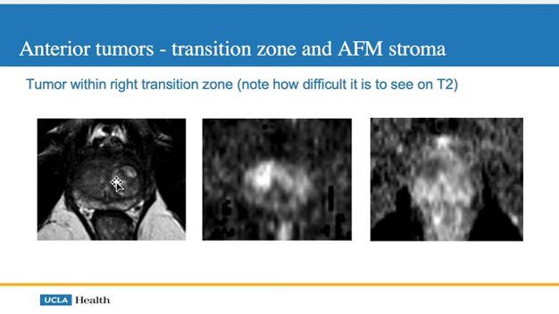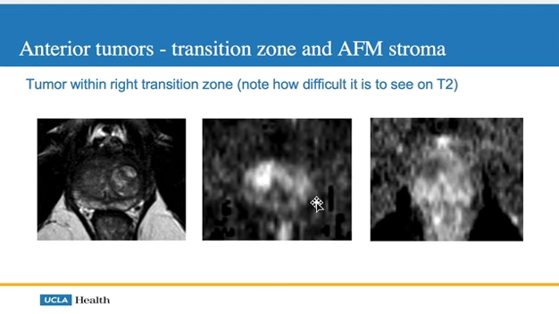Here's our transition zone, and the first thing that kind of jumps out is, wow, there's this sort of structure here, but again, consistent with BPH because it's circular, it's very well demarcated. It's demarcated with this kind of hypointense rim, which is also a characteristic of BPH. And so really nothing too dramatic appearing anywhere else in the transition zone on this T2.